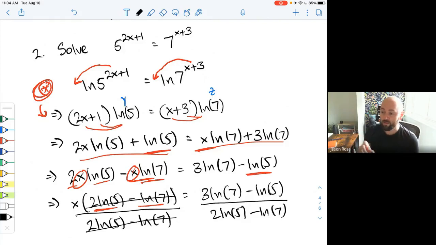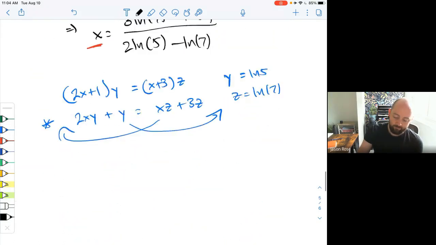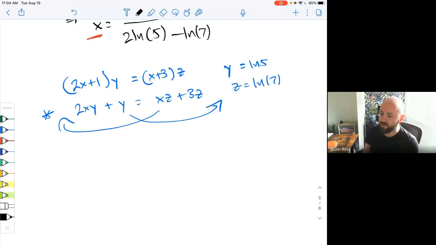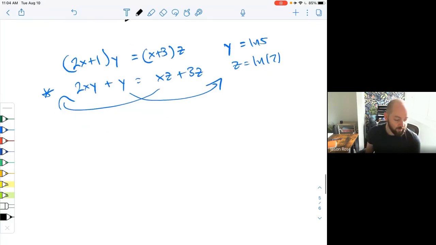Everything after that should feel a lot like muscle memory: bring the x across, factor out, divide. But there's probably a general sense of unfamiliarity because it looks different to equations you've done. So definitely spend some time practicing with the questions I made for you in the book, and check with the answers in the book.